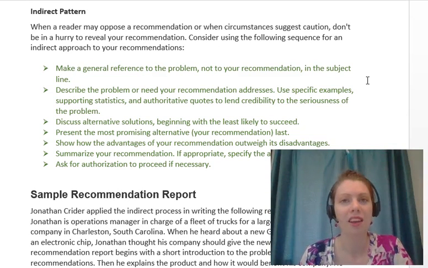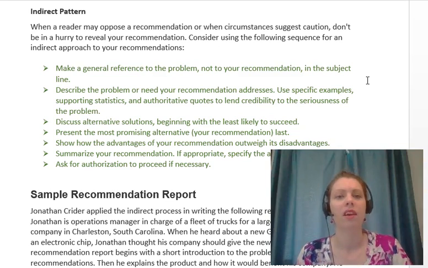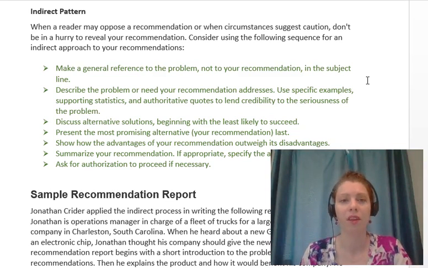So, make a general reference to the problem, not to your recommendation, in the subject line. Describe the problem or the need your recommendation will address. Use specific examples. Discuss alternative solutions, beginning with the least likely to succeed.